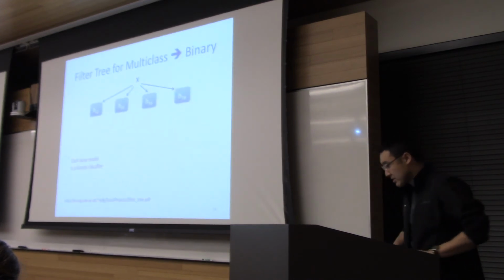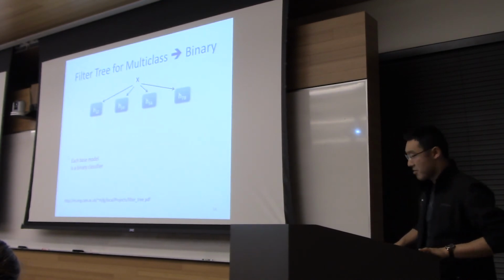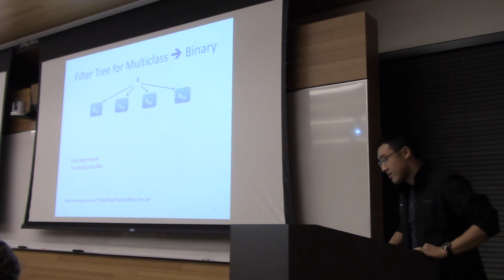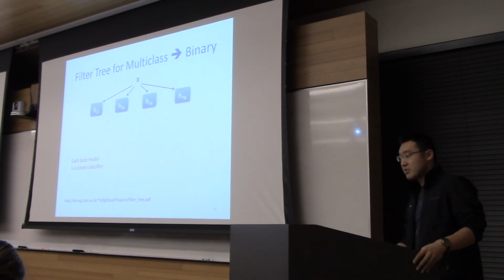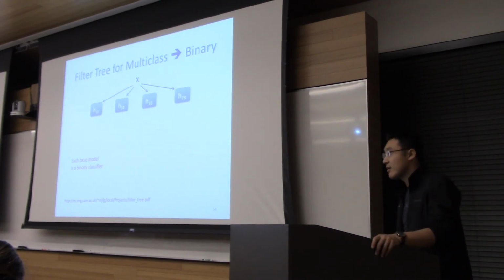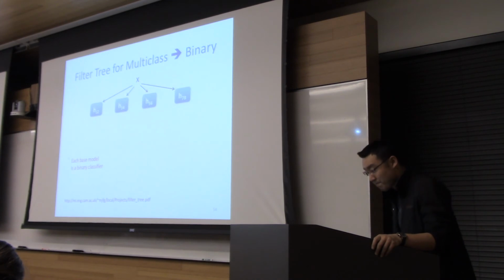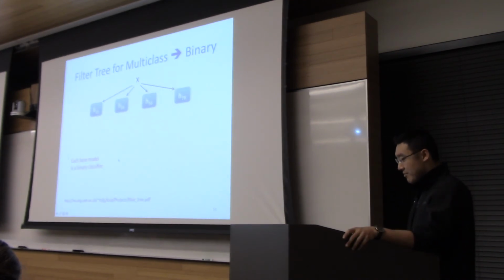Okay, so let me just give you a little bit of detail about how to do this multi-class binary reduction in one approach. There are a few different approaches that people have proposed in the literature for doing this reduction. I'm just going to describe one, because it's a fairly intuitive one to understand. So we have our original input x, and in this case we're doing 8-class classification.